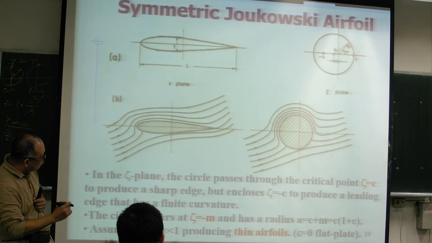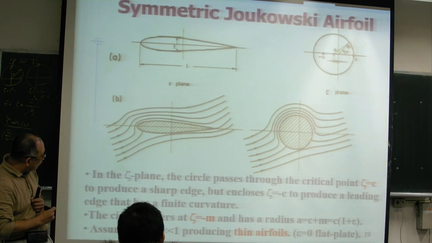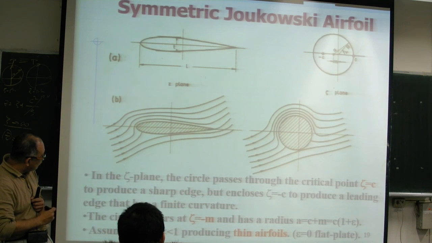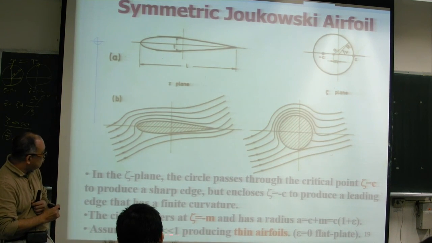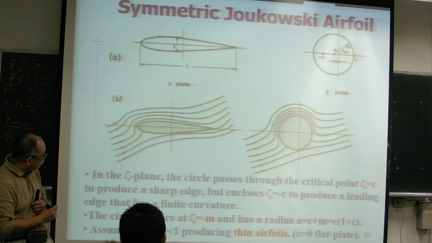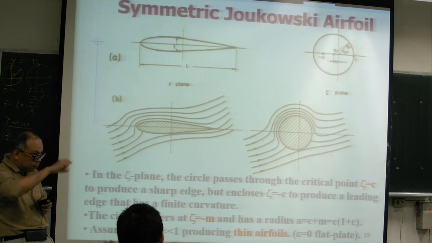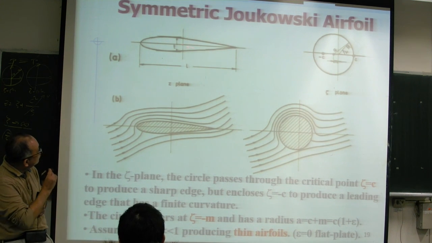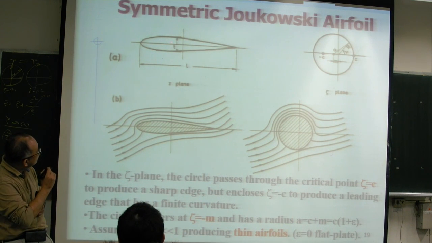If you plug this in, it will give you this. So m over c is the ratio between our shift and this c here. This gives you a very small number called epsilon, and this epsilon is much less than 1. Later I can show you this epsilon will control the thickness of the airfoil. If m is bigger, the thickness will be bigger; if m is smaller, the thickness will be smaller.